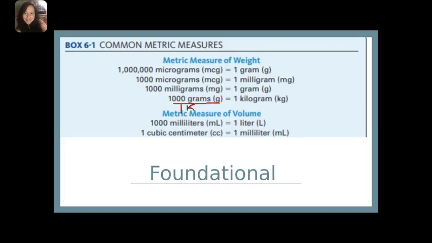Okay, so that's how we would put this in our equation. Or using the same dimensional principle, I could have put this in my equation as 1 kilogram over 1,000 grams, depending on what I'm solving for. So I would memorize these as well if you don't already have them in your gray matter somewhere.